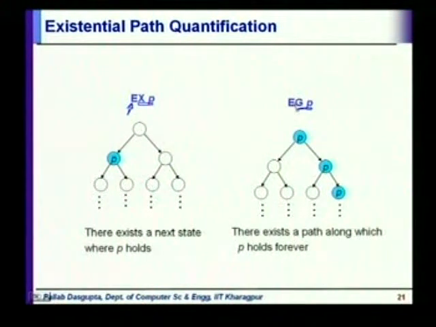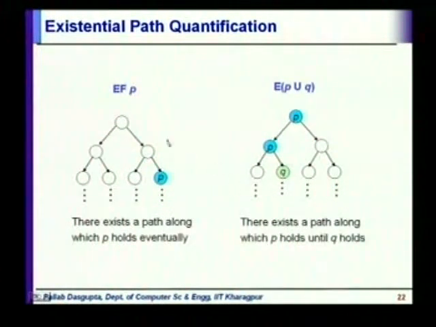If we prefix it by A, the path property must hold on all paths from that state, right. So then we say EGP, so this is some path where GP holds. EFP holds if there is some path where in future P holds. EP until Q holds if there is some path where P until Q holds, right. So far any doubt on this? Yeah.